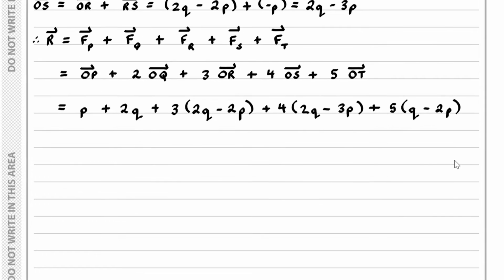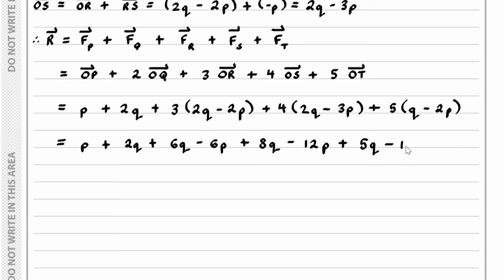So if we expand where necessary, we've got P plus 2Q plus 6Q subtract 6P plus 8Q subtract 12P plus 5Q subtract 10P.